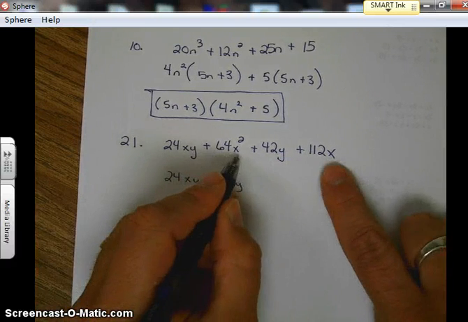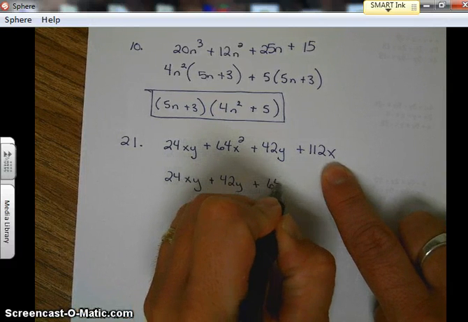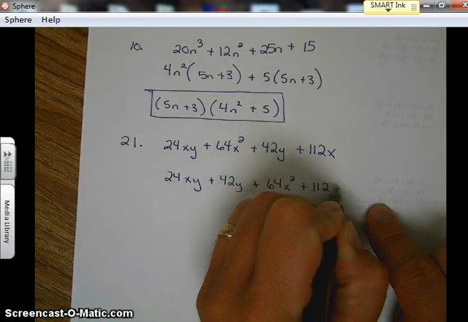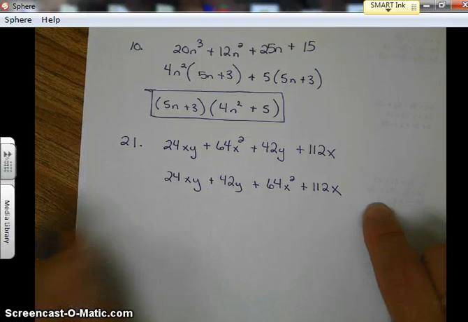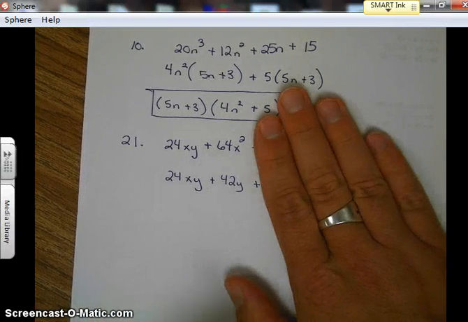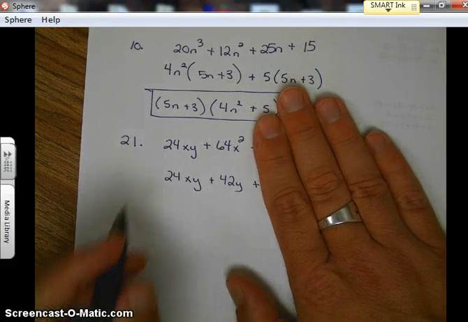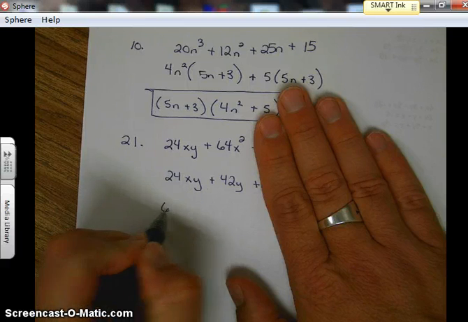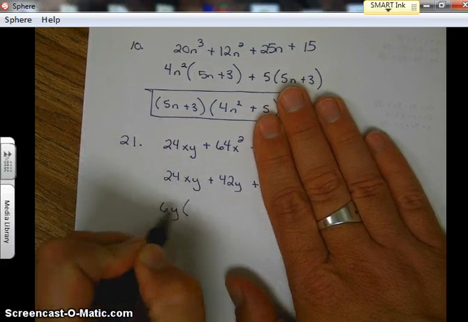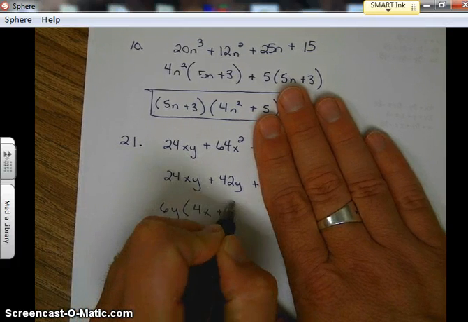And then I have both of these have an x. So I think I'll put those together. And let's go ahead and start factoring. So out of this first one, I'm going to go ahead and factor out 6 and a y. So that's going to be 4x plus 7.